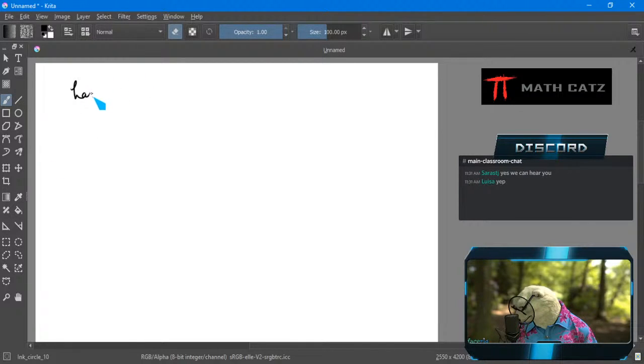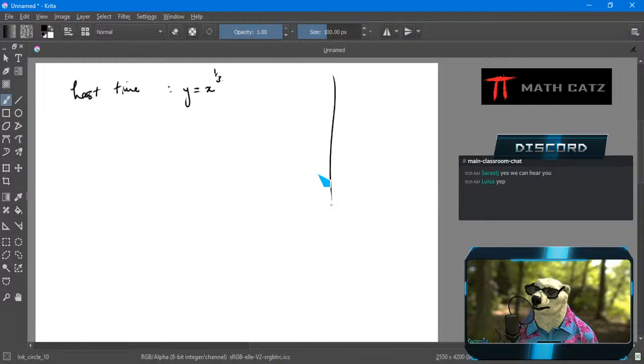We ended with y equals x to the 1/3, a simple version of a fraction power of x type function. And we saw that this graph has a vertical tangent line at y equals 0.